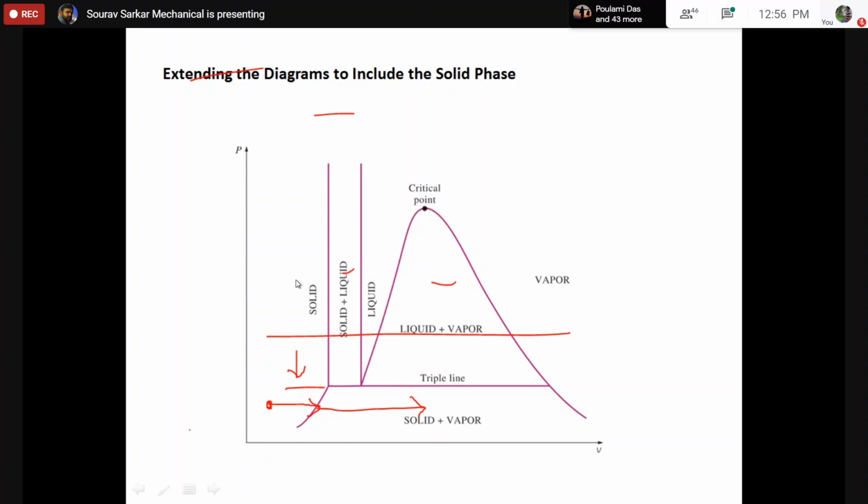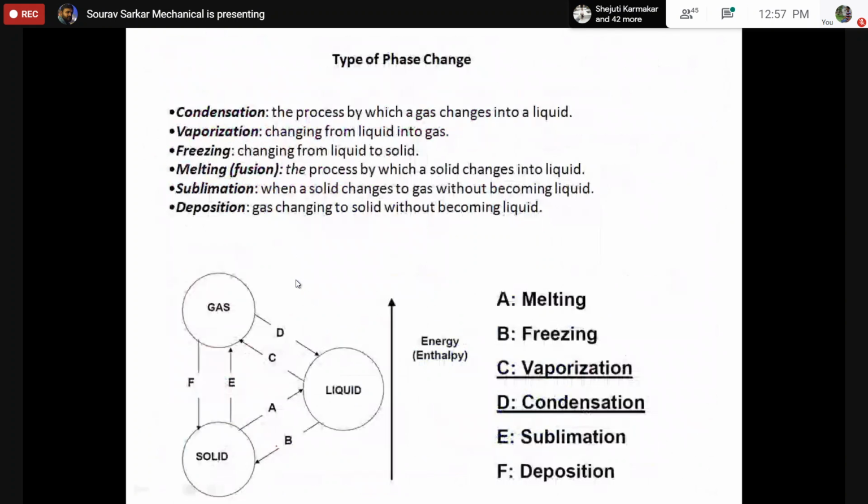But if you come down to a low pressure, what will happen? The solid will directly convert into vapor, and after that the whole solid will completely convert into vapor. So this is the end of the sublimation process. Last day I told you about this, this is the sublimation.